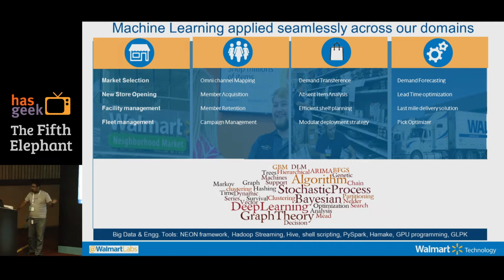Not only have we talked about the physical stores and the customers, now on merchandising, which is what people actually come to buy at Walmart, machine learning is happening day in and day out. We have a system designed which tracks what products are available in the market, what Walmart is carrying, what Walmart is not carrying, and then decides which is the best item that Walmart is currently not carrying and can carry.